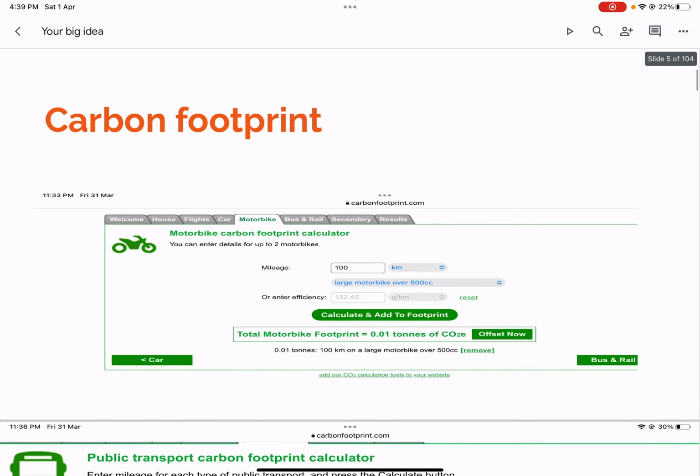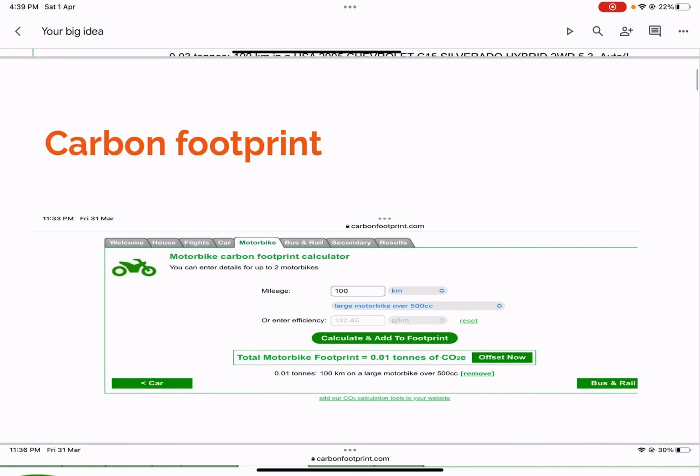Same thing about the bikes. You would find that this app is asking about how many bikes a person has and how many kilometers the person is traveling by a bike. And then again, by choosing a bike, especially what is the CC of that engine, we are assuming here it's a petrol fueled bike. How much CC of the engine?